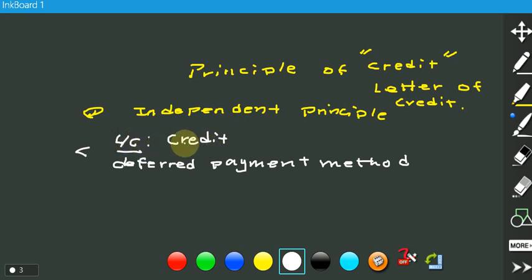And this LC, in brief, the credit is not subjected to the contract.